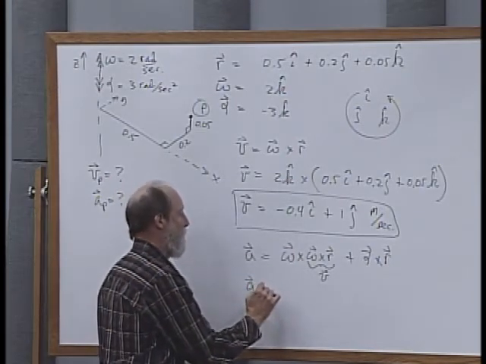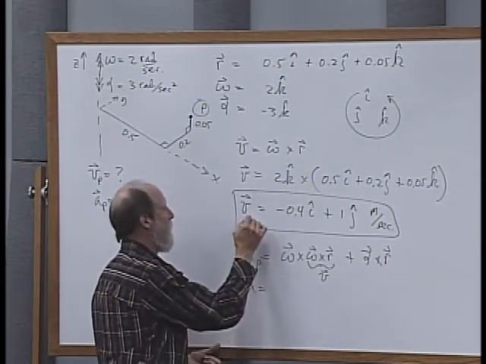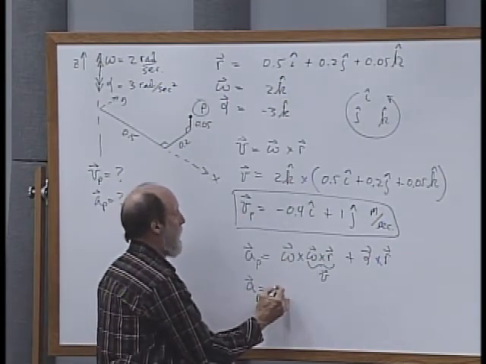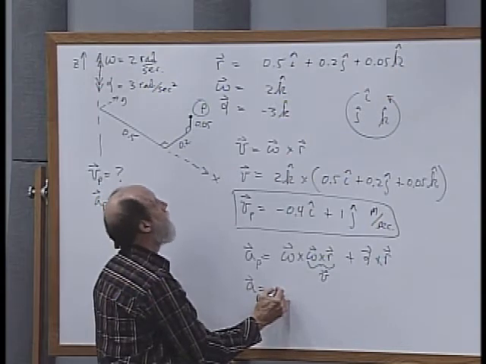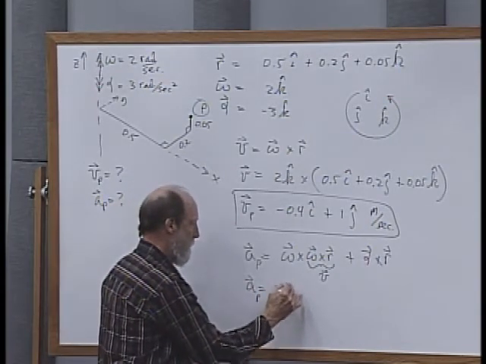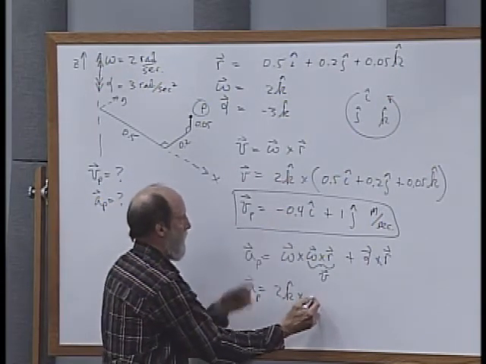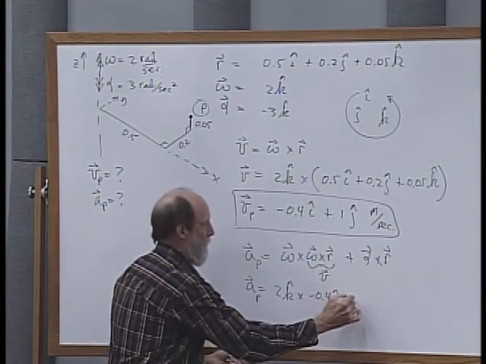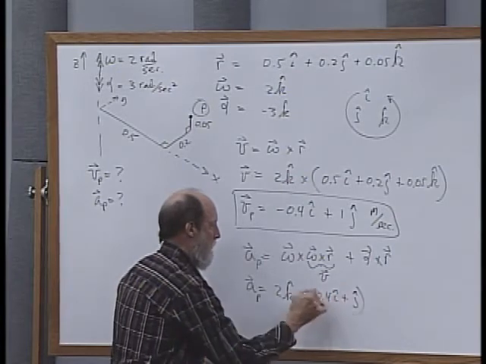So the acceleration at point P, and this is point P, is going to be our omega, which was 2K, crossed with our negative 0.4 I plus a J term.